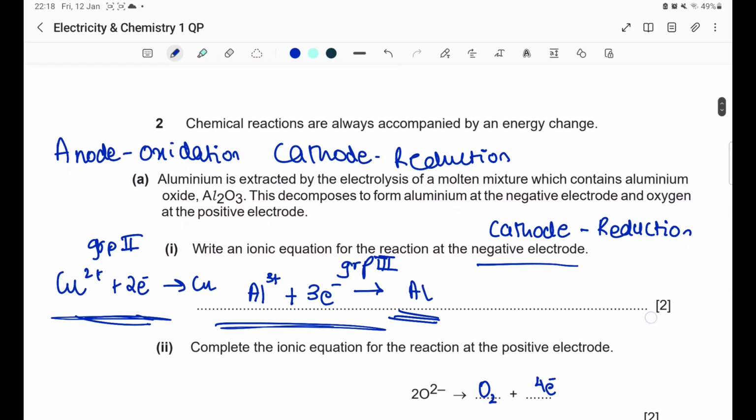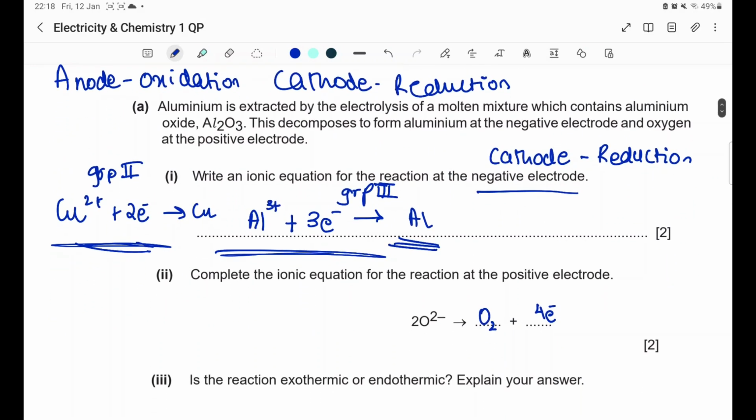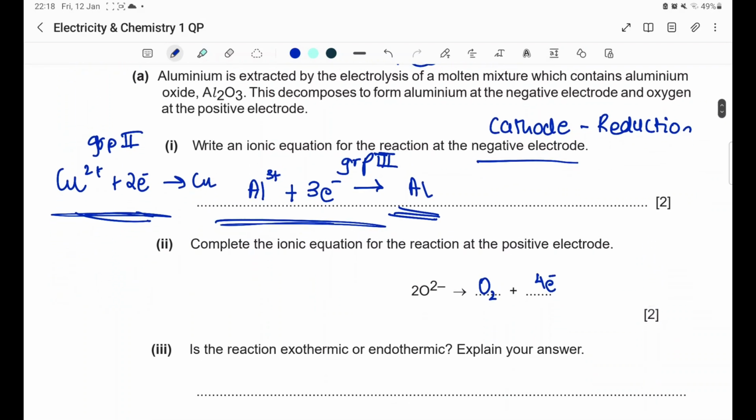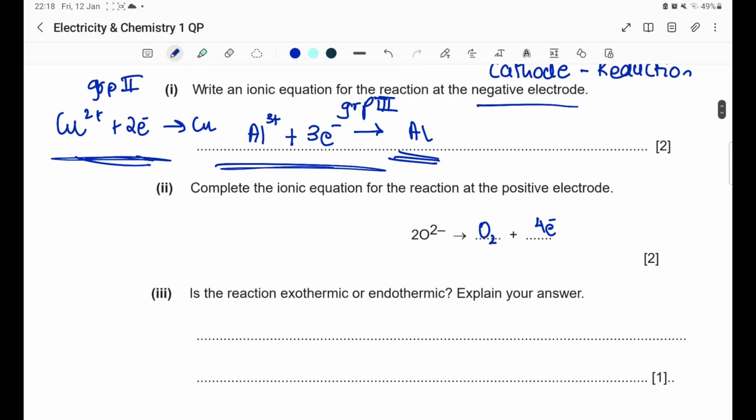here, if this is a positive electrode, so you are losing electrons, oxidation is happening. Okay, so if you are losing electrons, that means your stable form is giving away electrons to form an ion. So this is your stable form over here. And as you can see, it's 2O2-, so that makes 4.